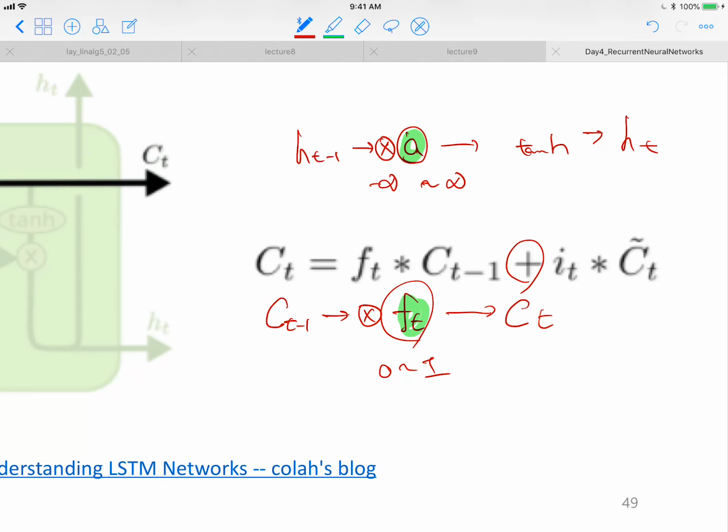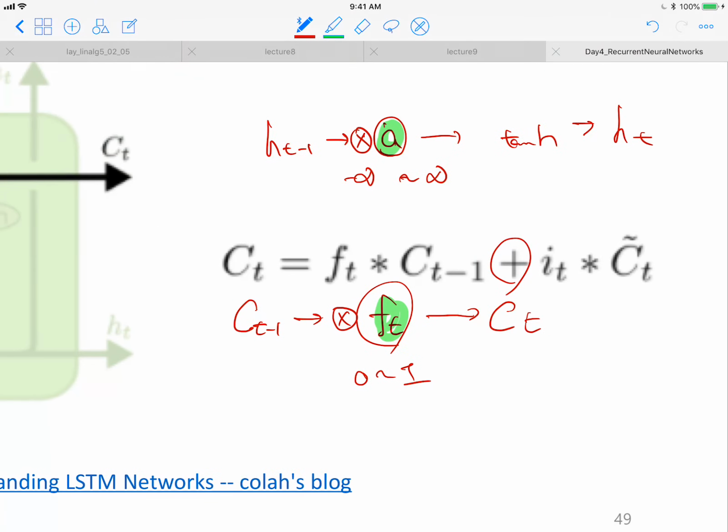But there is no more common ratio in this case, because f_t is computed differently at every time step, right? It can be maybe 0.3, and in the next time step it can be 1 or 0.8 and so on. So we are no longer restricted to a common ratio.